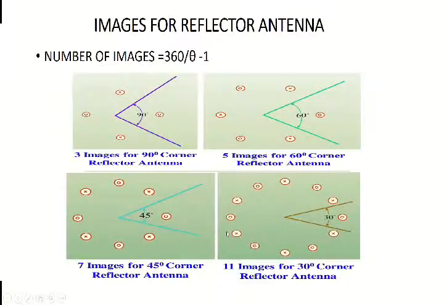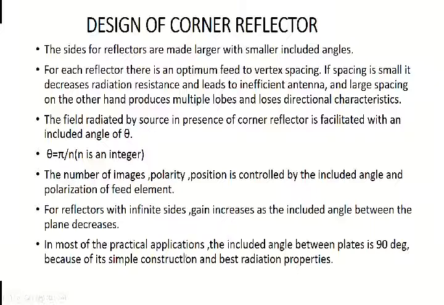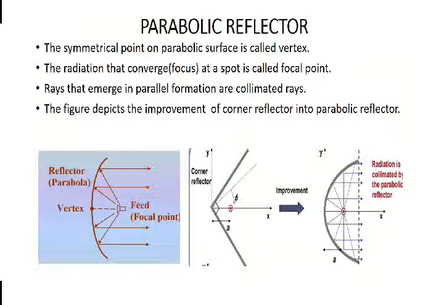So this plays a major role in the analysis for reflectors with infinite sides. Then the gain increases as the included angle decreases. So in most practical application cases, we prefer the included angle between the plates of the corner reflector to be 90 degrees because of two reasons. The construction is very simple, and also the radiation properties are the best in case of this.